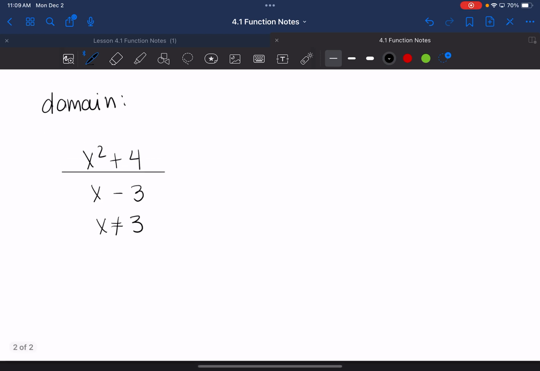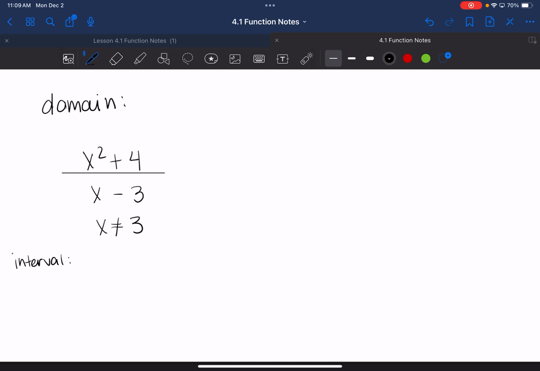So for my x values, remember we said you could write your domain and range a couple of ways. You could do interval or set notation, or inequality notation, which is basically what set notation is. If I were to do interval notation, that is when you use the parentheses and the brackets.